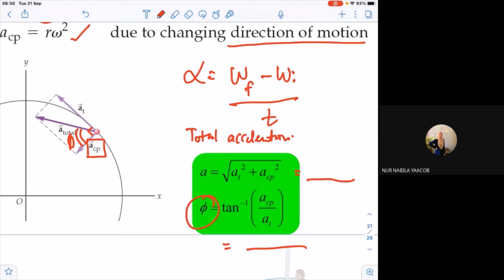Sorry, the angle should be here. This one is not theta, it should be phi. It is the angle between the tangential acceleration, the centripetal acceleration, and the total magnitude of acceleration.